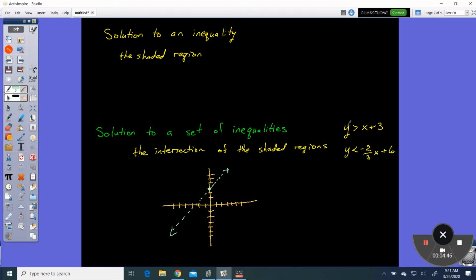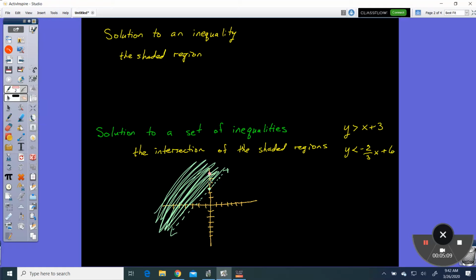Greater than, shaded above. Okay, now I come to the next one, less than, so I come up here to 6, so 3, 4, 5, 6. Better use a different color. Pink.